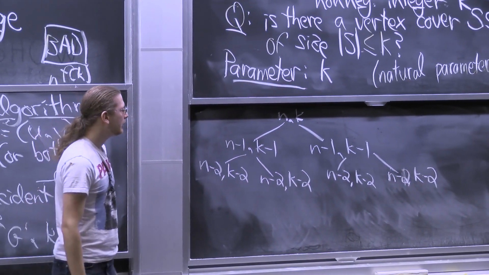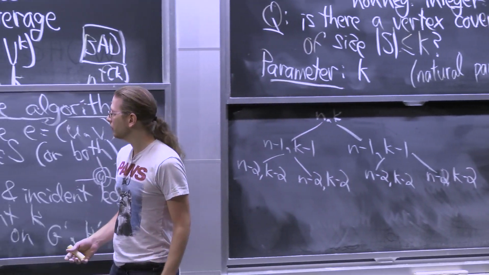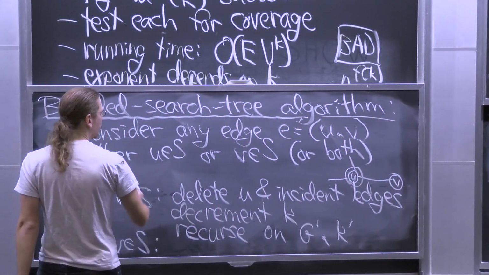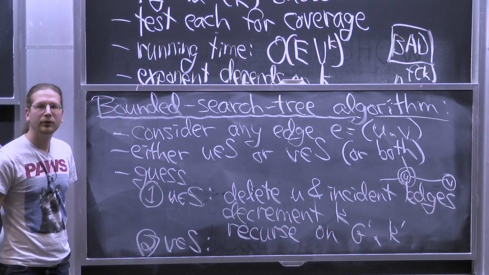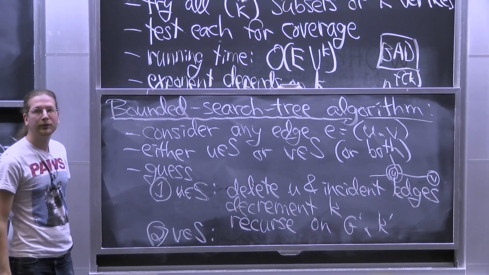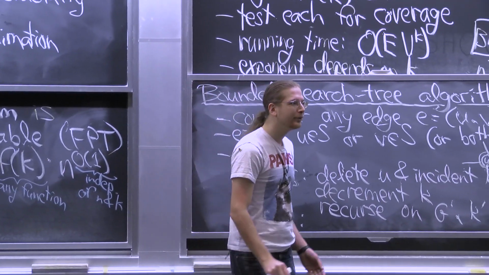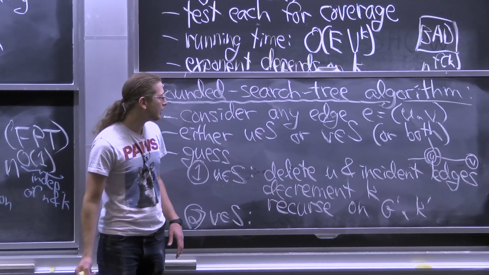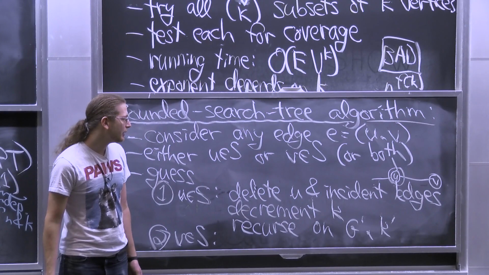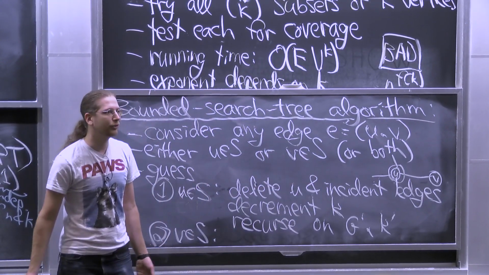How much time do I spend in each of these nodes? How much non-recursive work am I doing in this algorithm? Yeah? O of E, right? Like the degree of freedom. O of E, yeah, certainly at most order E, probably also at most order V, because there's only at most V incident edges to each vertex.